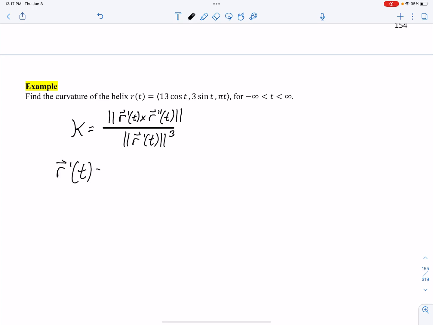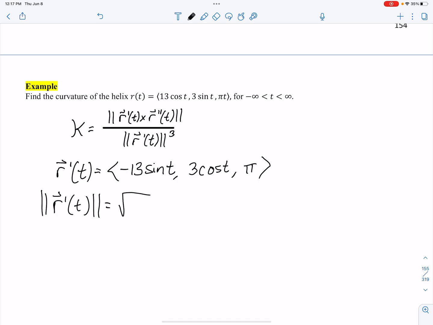So r prime of t will be negative 13 sine t, then we got 3 cosine t, and then we have pi. So there is my r prime. Let's do r prime of t magnitude.